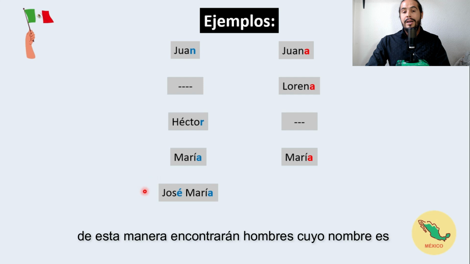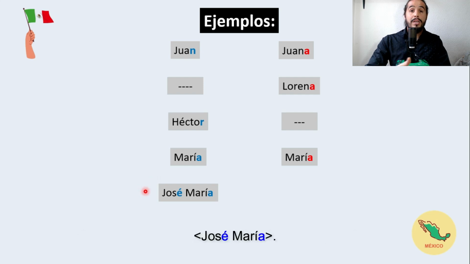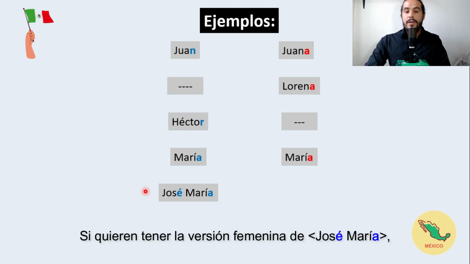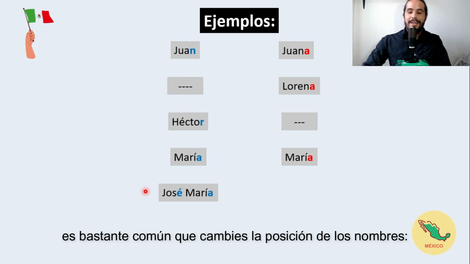So you will find guys whose name is Jose Maria. Now, if you want to have the feminine version of Jose Maria, it is quite common that you are going to change the location of the names.